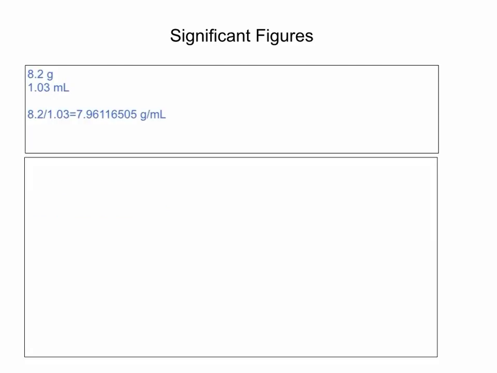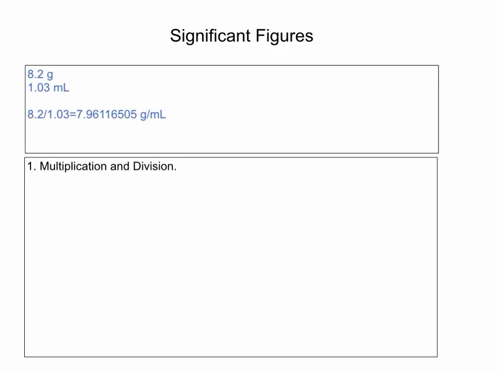So again, we have some rules that guide us into getting the correct number of significant figures in our answer. So rule number 1 is for multiplication and division.